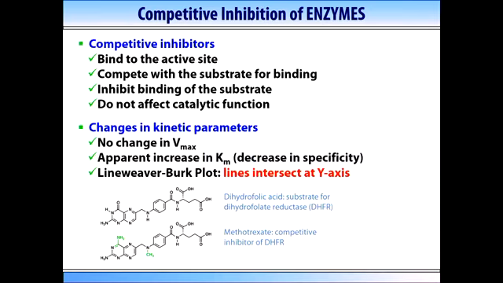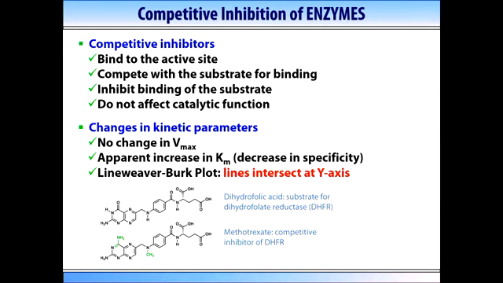So let's go over the main features again. The competitive inhibitors bind to the active site and compete with the substrate for binding. So they inhibit, obviously, binding of the substrate because they prevent the normal substrate from going in the same place. And they do not affect the catalytic function. What would be the changes in kinetic parameters?